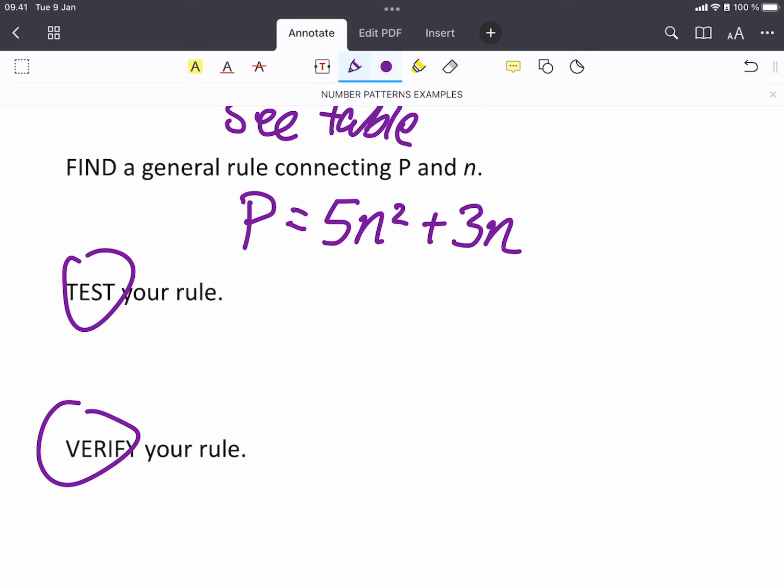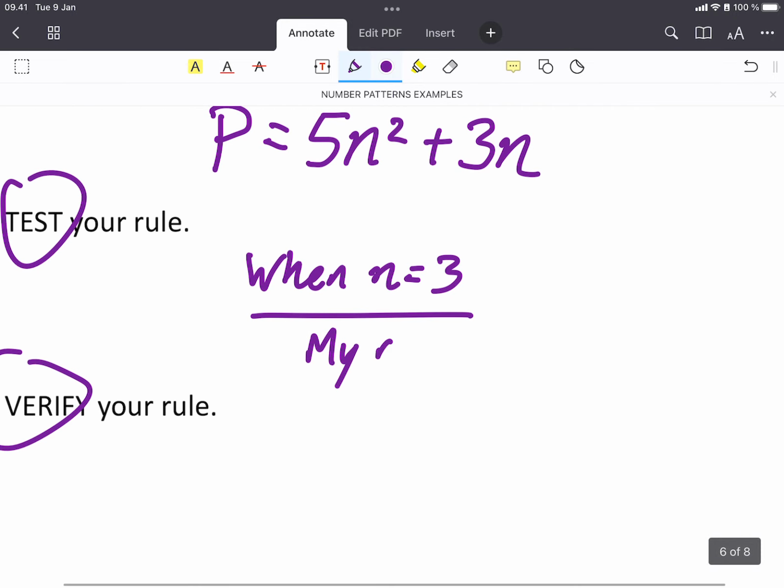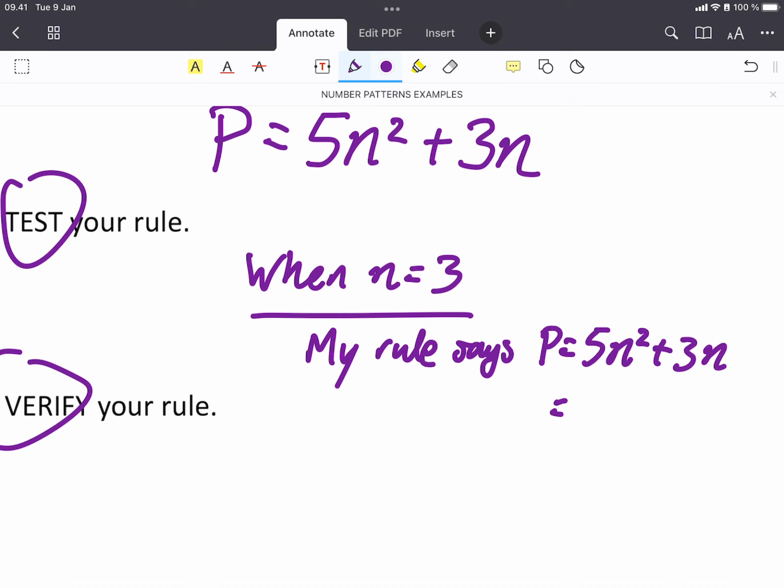So test your rule, let's say when n equals 3. My rule says p equals 5n squared plus 3n. So that would be 5 times 3 squared plus 3 times 3. I might put those in brackets, even though that's not strictly speaking needed, just to make it a bit clearer.